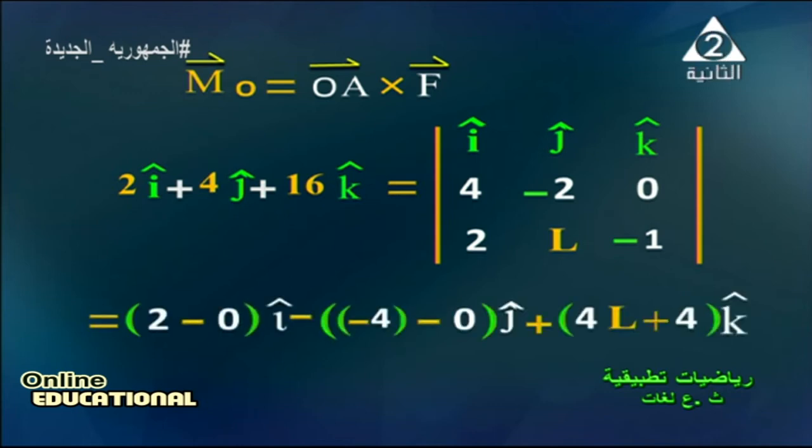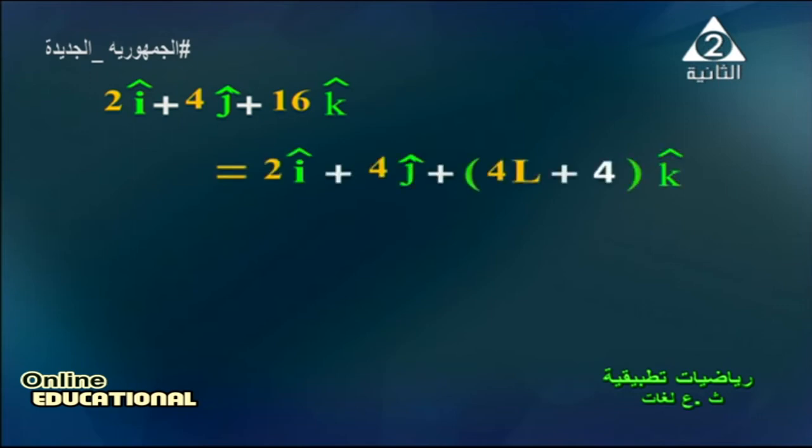Now, we can expand the determinant. 2 minus 0 i, minus negative 4 minus 0 j, plus 4L minus negative 4, or 4L plus 4 k. Then 2i plus 4j plus 16k equals 2i plus 4j plus (4L plus 4)k.